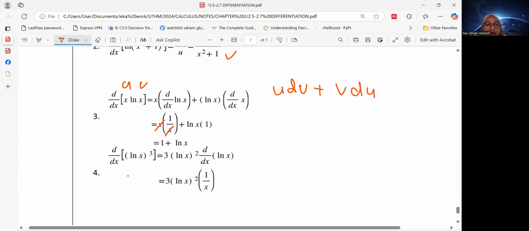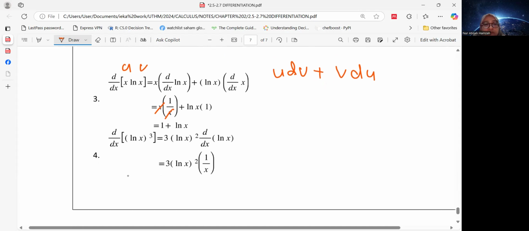Okay, and then number 4, d over dx of ln x to the power of 3. Okay, so number 3 we use the product rule, and number 4 you have to use the general power rule.